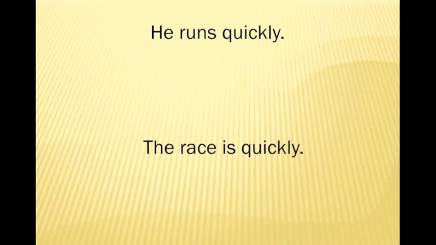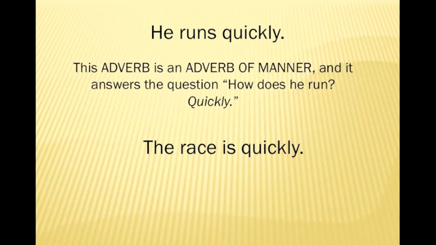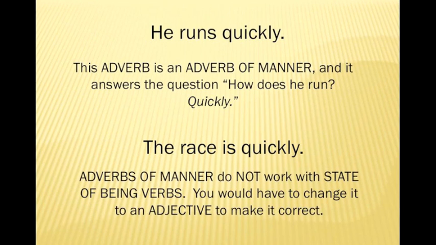Now, here's a common problem that students often have when it comes to adverbs of manner. Adverbs of manner work with action verbs because they answer the question, how does he run? Well, in this case, quickly. But notice in our second example, adverbs of manner don't work with state of being verbs.